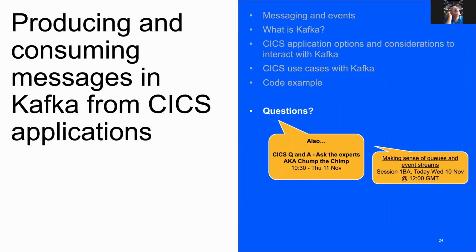And do you see the interactions between CICS and Kafka on the platform as being mostly CICS to Kafka, mostly Kafka to CICS, or is it sort of 50-50? I think it's mostly CICS out to Kafka. So it's mostly other systems that are interested in data points.